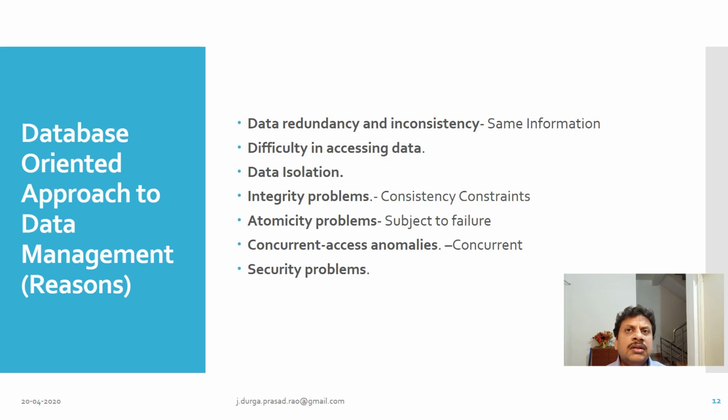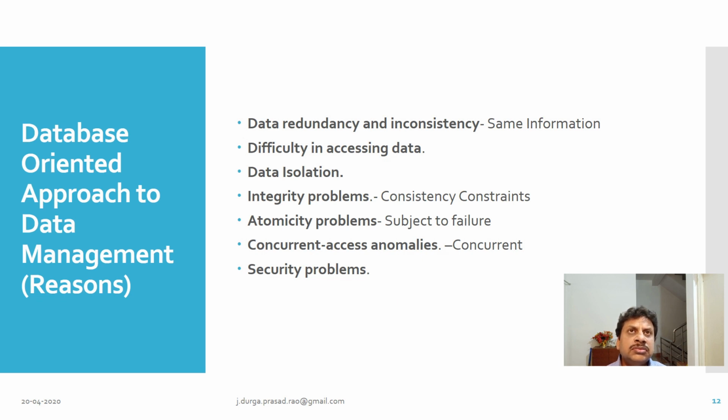For example, the address and telephone number of a particular customer may appear in a file that consists of savings account records and in a file that consists of checking account records. This redundancy leads to higher storage and access cost. In addition, it may lead to data inconsistency, that is, the various copies may disagree.